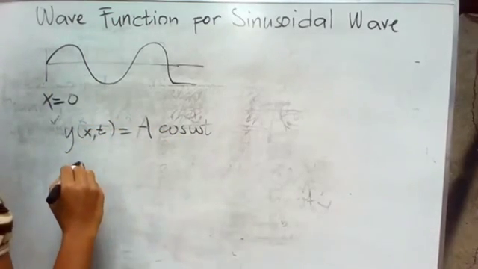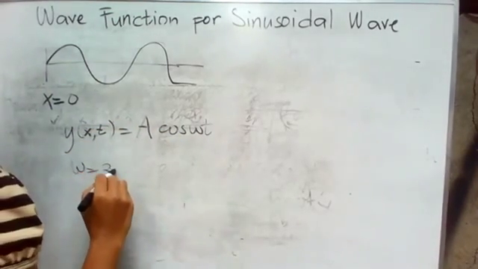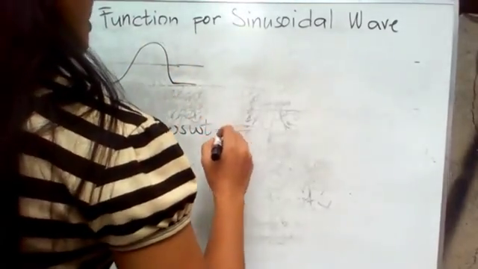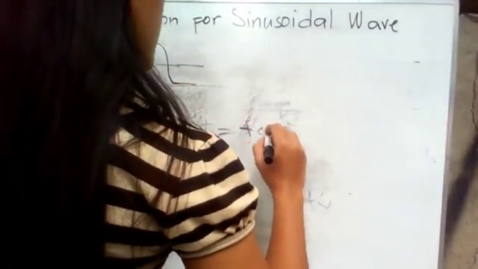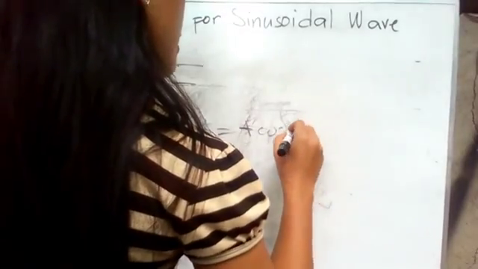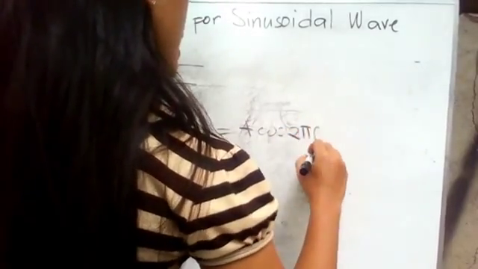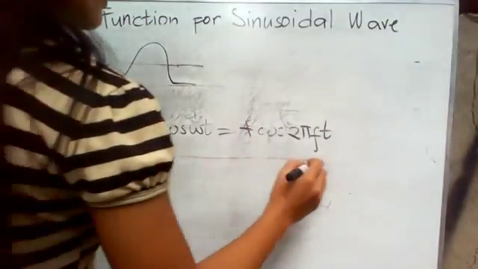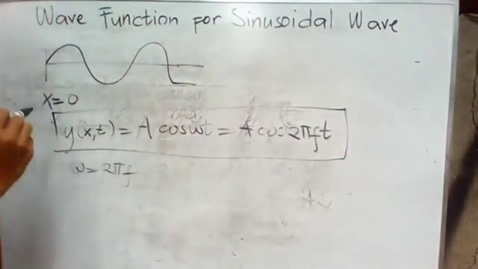Since angular frequency omega is equal to 2 pi f, we can rewrite it as A cosine 2 pi f t. This is now our equation.